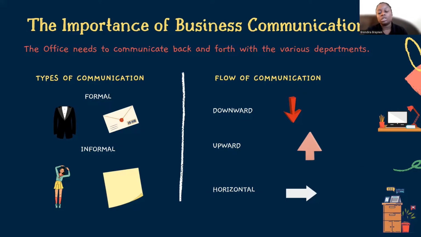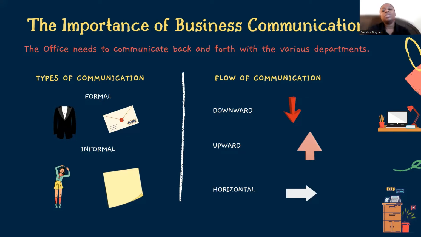Our customers are also external persons that the business communicates with. Internally, if there's a particular department that needs to speak to another department or share a message or place an order, they need to be able to communicate as well. And so communication is key, no matter whether you're communicating with somebody physically in your work building or outside.